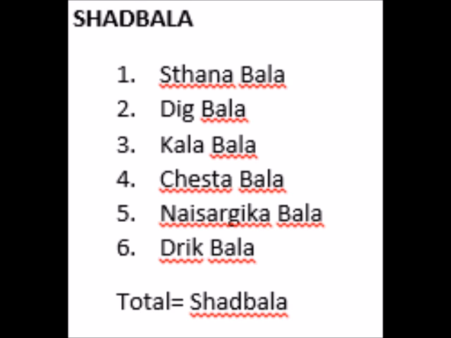And the last out of the 6 strengths of the planet, the 6 divisional strengths which form the Shadbala, is Drikbala. Drikbala is the strength of a planet based on whether it is being aspected by benefics or not.